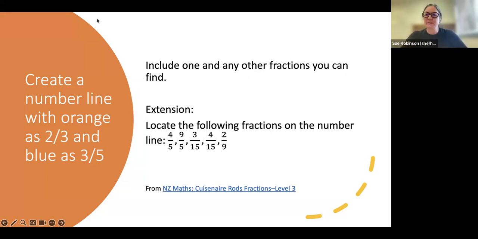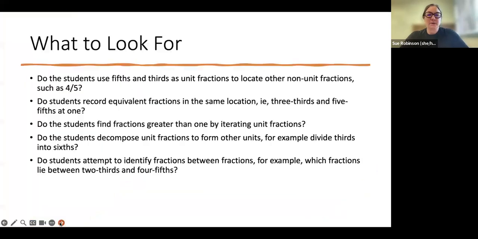What I really liked about this was that the task came along with a list of things to look for. This bullet list is giving me so much information about what my students already understand or maybe don't understand about fractions.